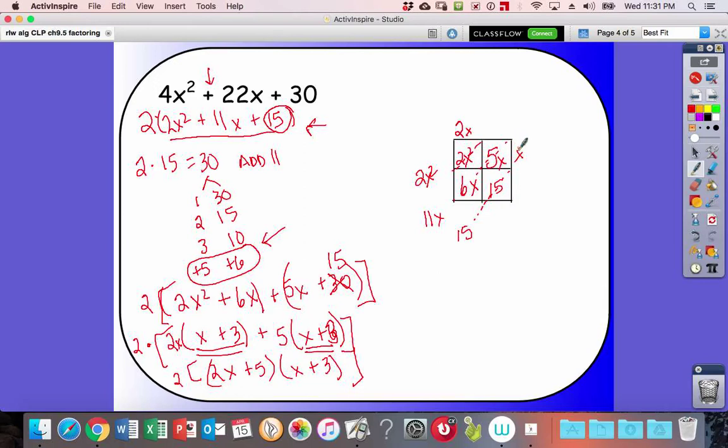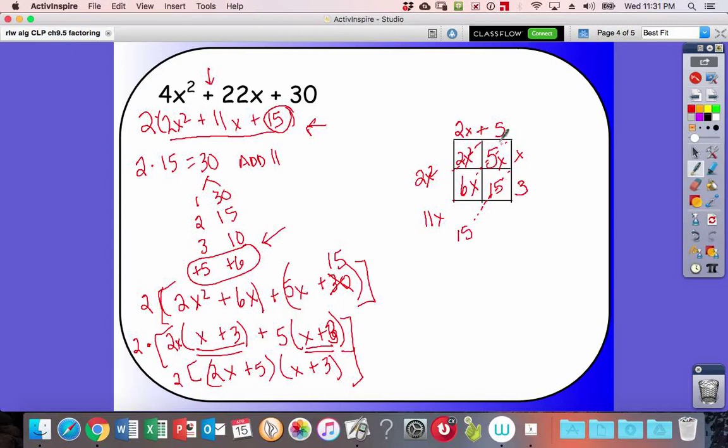And let's see if that works. If I put the 5x there, if I take the greatest common factor out of here, I would have a plus 5. If I take the greatest common factor here, let's see, I think I would have a 3. Right? Because 3 goes into 6 2 times, 3 goes into 15 5 times.